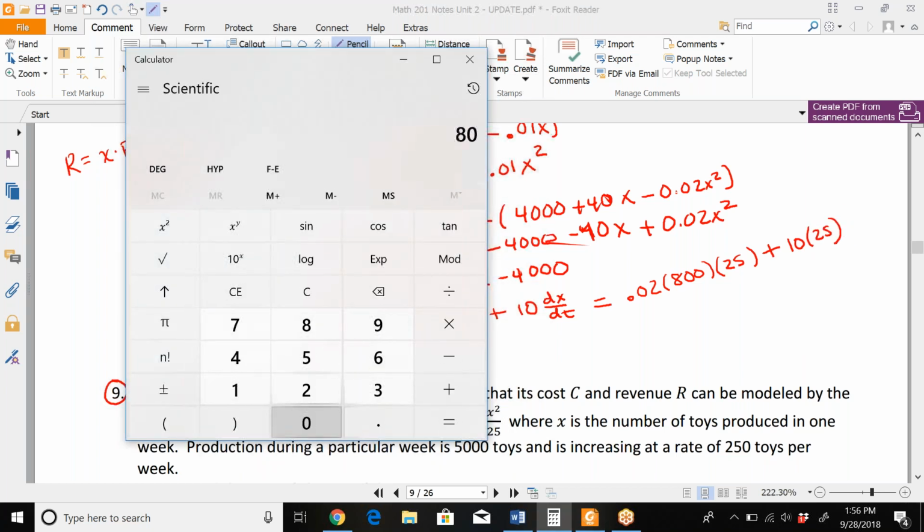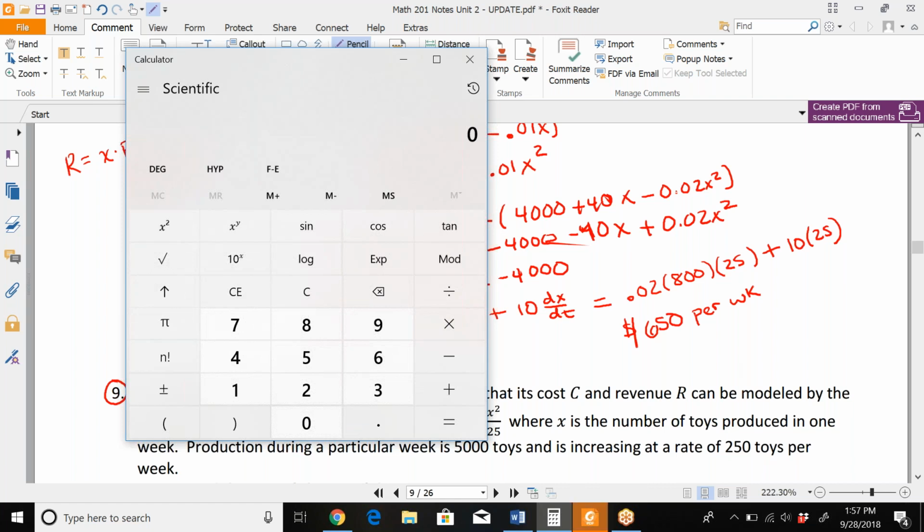So 800 times 0.02 times 25, and then plus 10 times 25. So we're getting 650, and that, remember, is profit, so that's going to be dollars, and it's change over time, which our measurement of time was per week. So dollars per week.